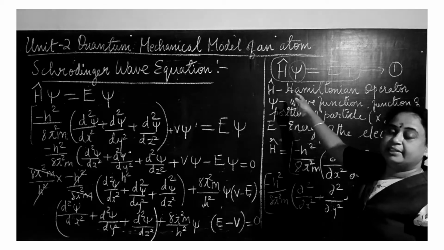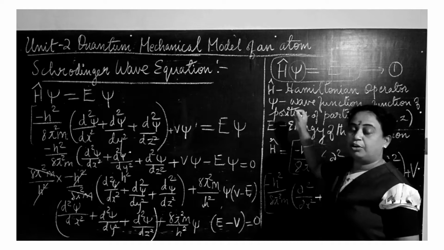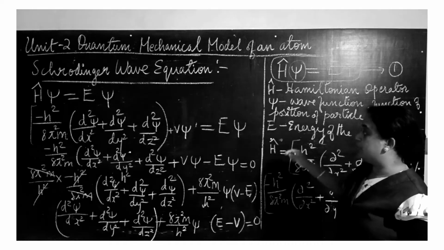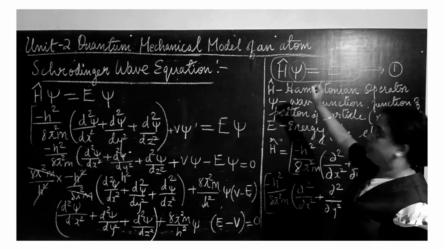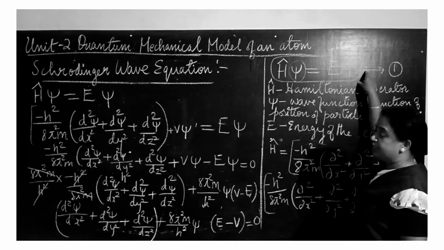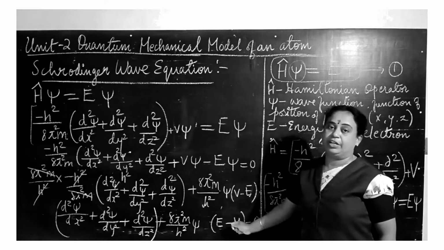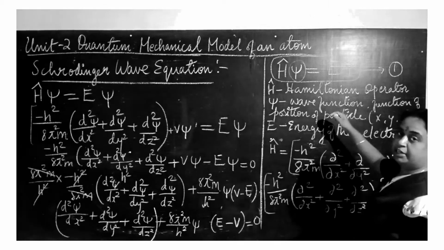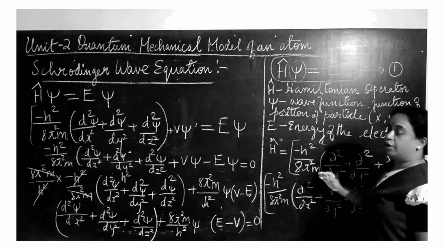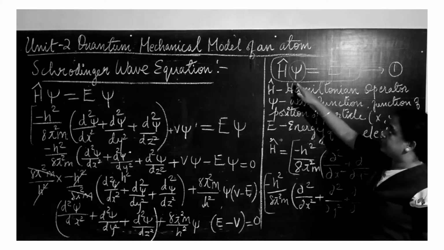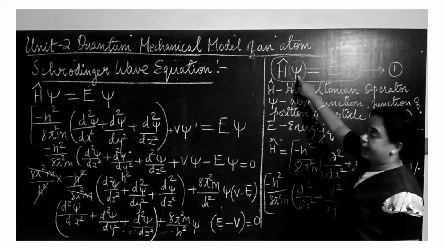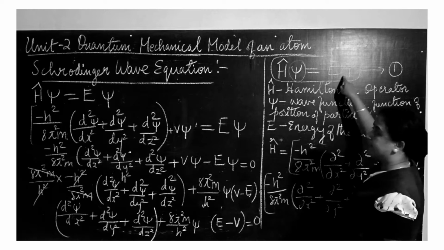Now let us see how the Schrodinger equation is obtained from an expression. The expression from which the Schrodinger equation is derived is H psi is equal to E psi.